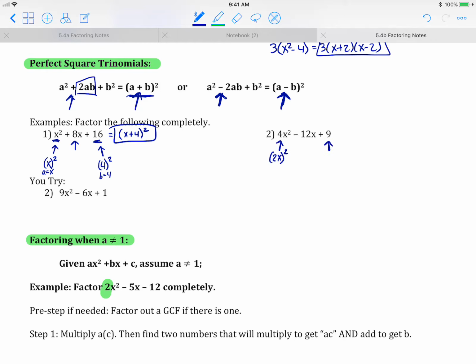What could we square to get 9? 3. If I take these and multiply them by each other, I get 6x. And if I double it, do I get 12x? Yes, I do. And because I have a negative right here, I know to just put a negative in the middle of the two. So 2x minus 3, squared. And that's all you do.